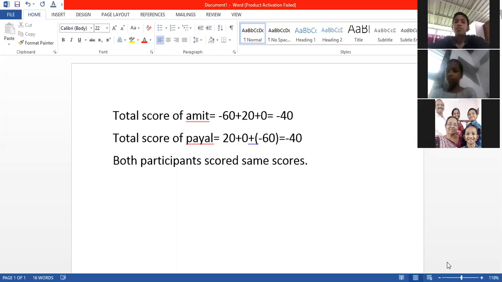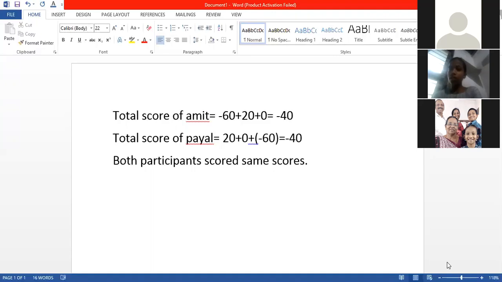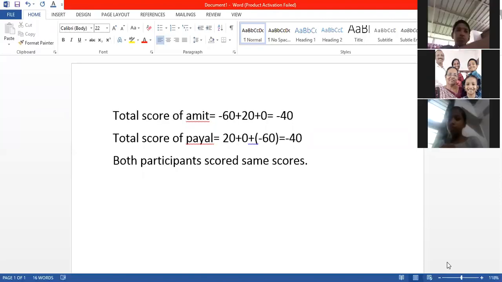What is the property of addition that says 2 integers can be added in any order?